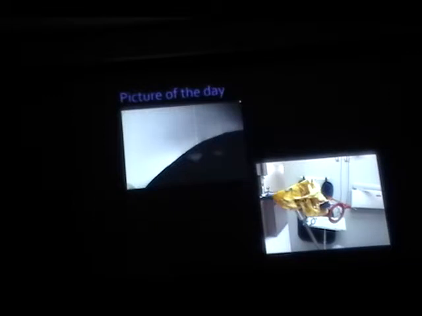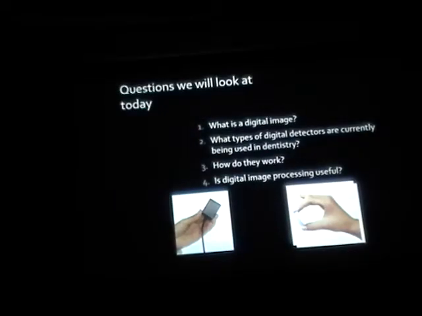One of the disadvantages of digital dentistry is that if you don't pay attention to the time, then you could use more time, but you get a pretty good image still. It's because the computer processes everything. So now, what is a digital image?